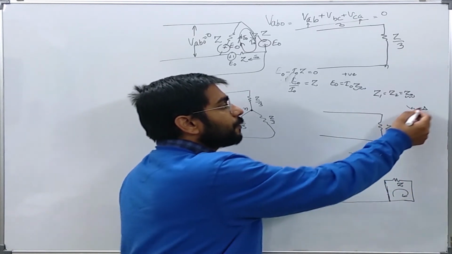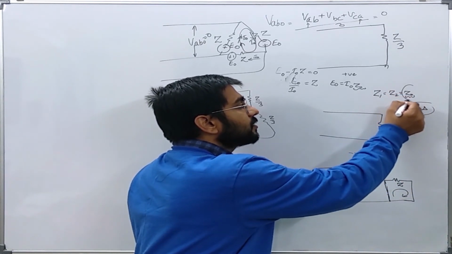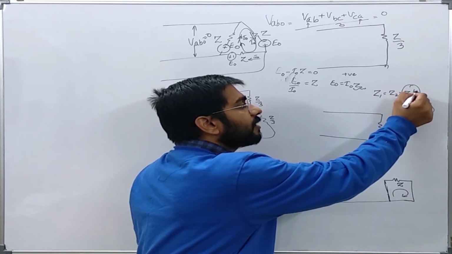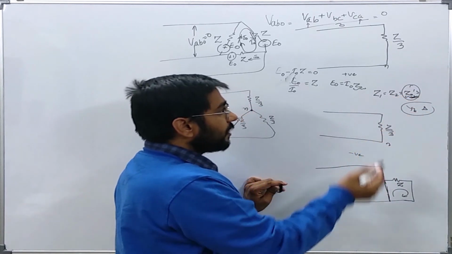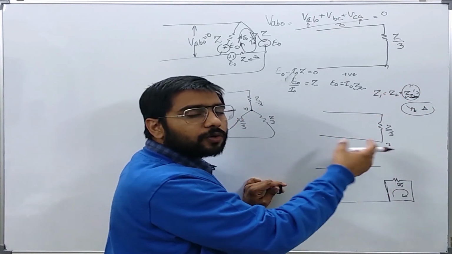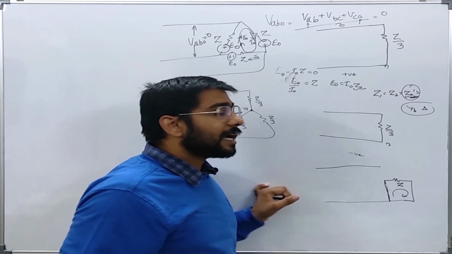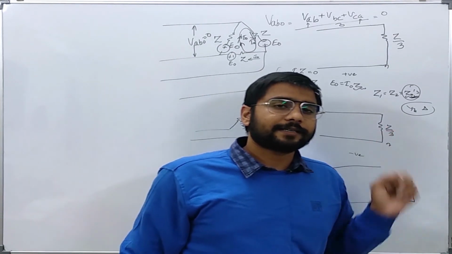Okay, so based upon the type of connection, this Z0's connection into the network will depend on whether it will be an open circuit or closed circuit or something else. So that we will see in one of our next lectures.